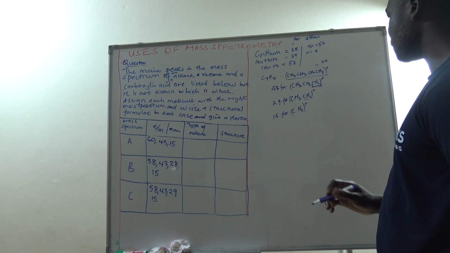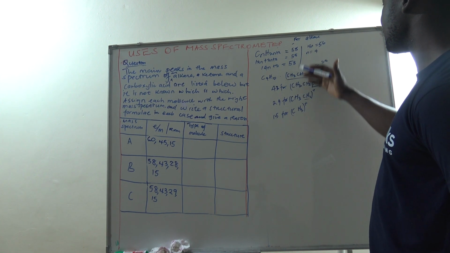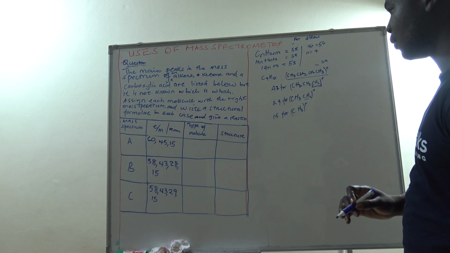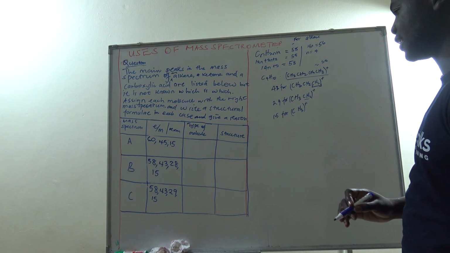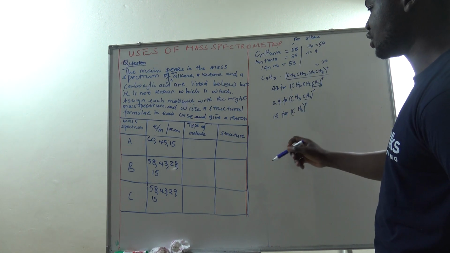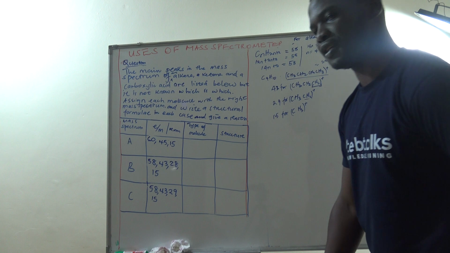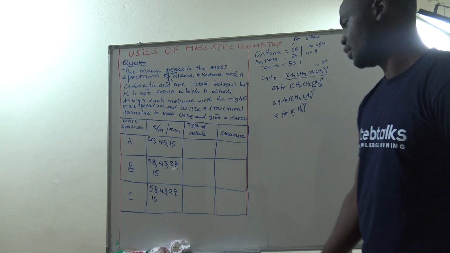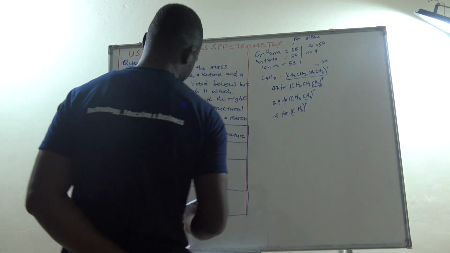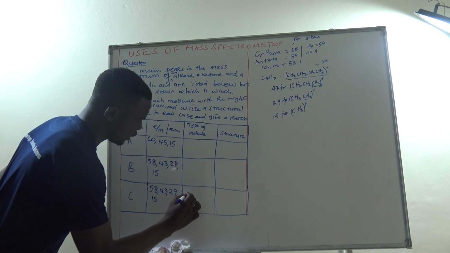And now, looking at this analysis, we can conclude that the molecule that has fallen in this train, with 58, 43, 29, 15, is the alkane.